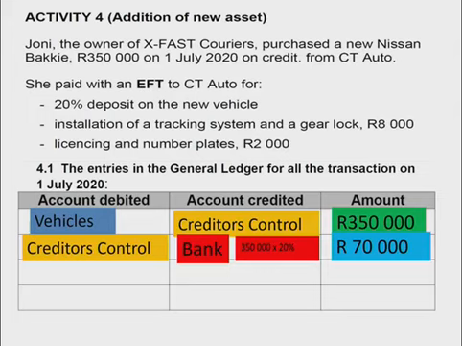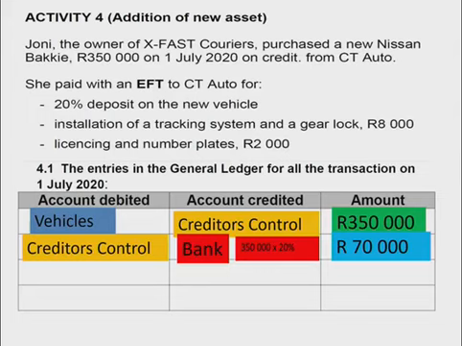Then, if we're looking at it now, first my assets are increasing with the vehicles, my liabilities are increasing with the creditors control for 350,000. So now I have a vehicle of 350,000, but I owe the creditor 350,000. So now I'm paying the creditor.